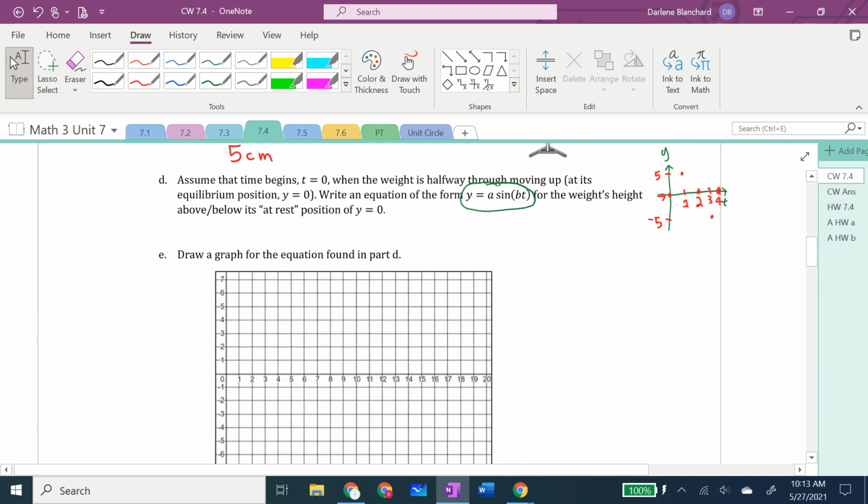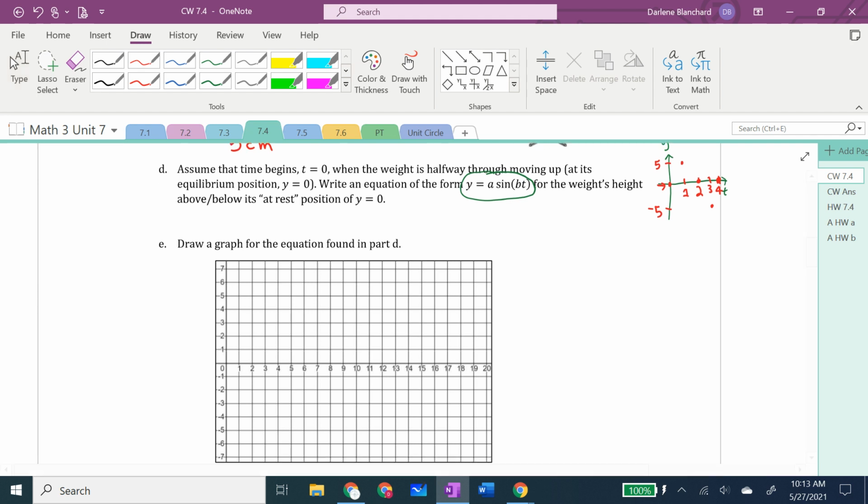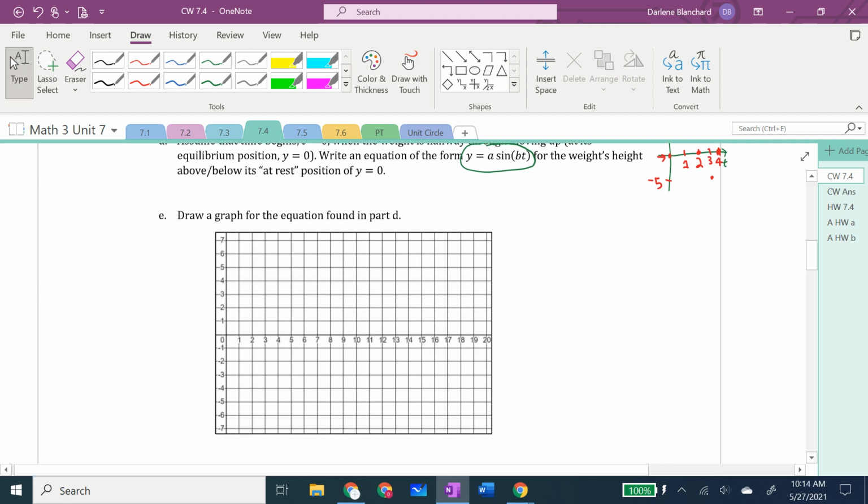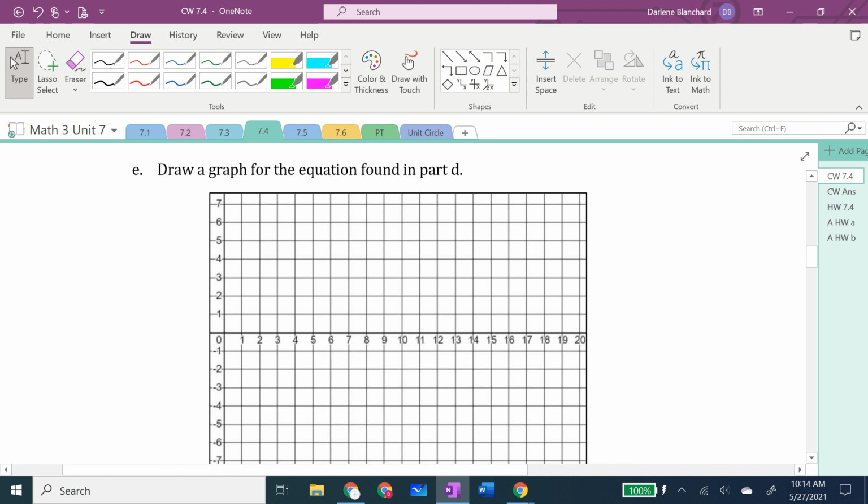For parts D and E, you could actually figure either out in whatever order makes more sense to you. So I could actually just start graphing first and let that help me come up with the equation. So as I was saying, and I'm going to talk through it again, I am at y position 0 at time 0.